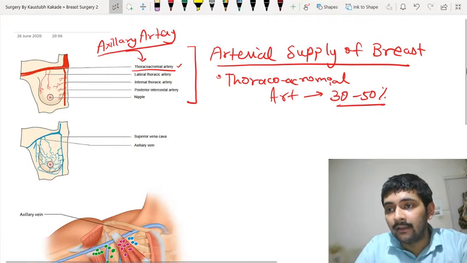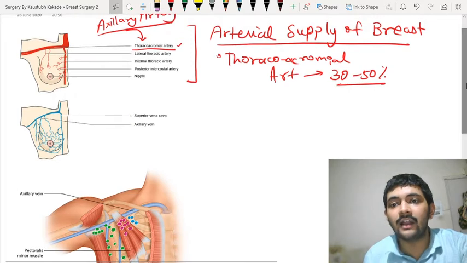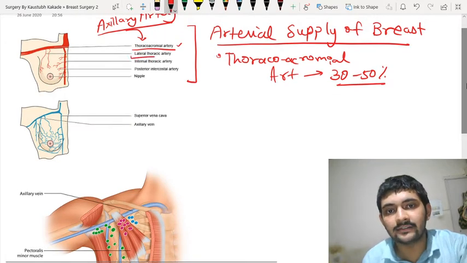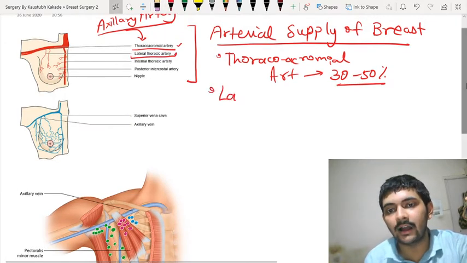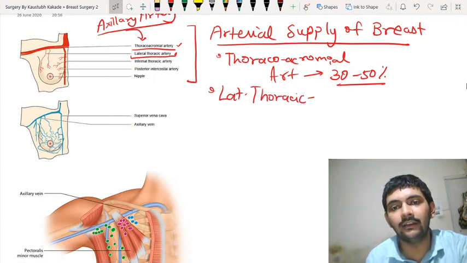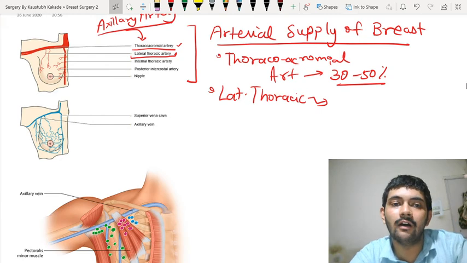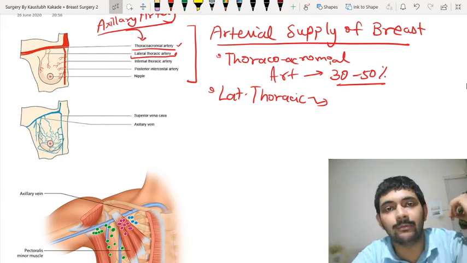There are certain other arteries as well, like the lateral thoracic artery. It comes from the thoracoacromial artery, and in a few cases from the subclavian artery.